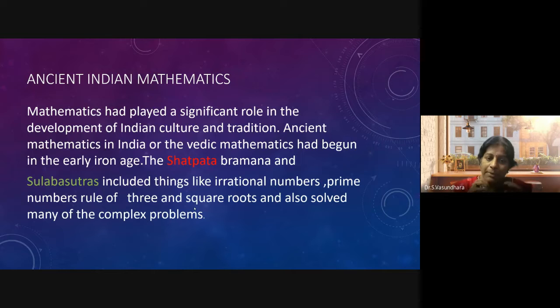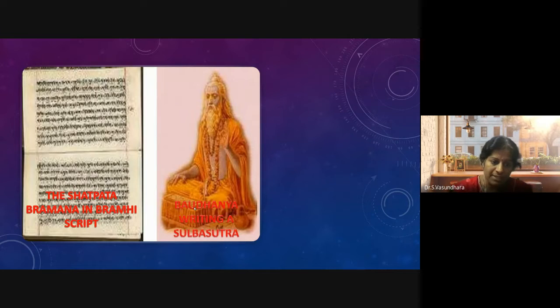So it is playing a significant role in the development of Indian culture and tradition. The ancient mathematics in India, or the Vedic mathematics, had begun in the early Aryan age. The Shatapatha Brahmana and Sulba Sutras include things like irrational numbers, prime numbers, the rule of three and square roots, and also solved many complex problems.